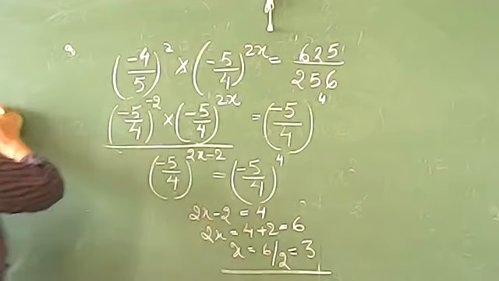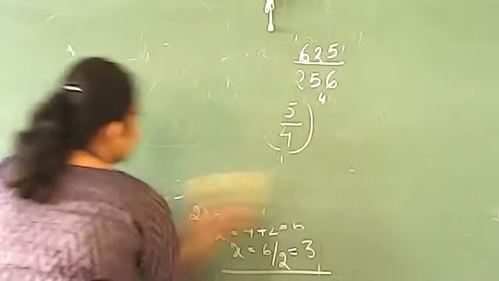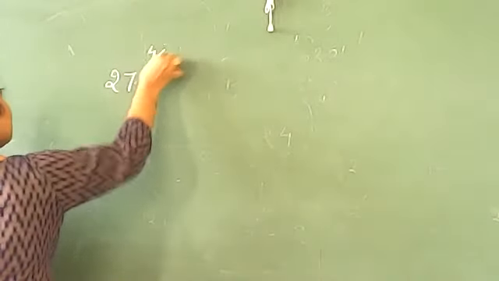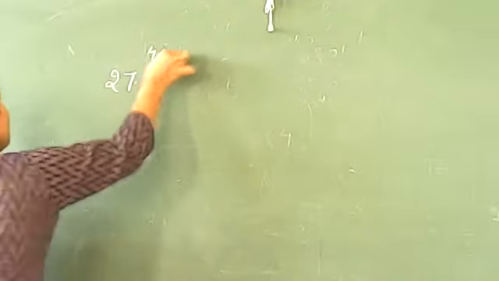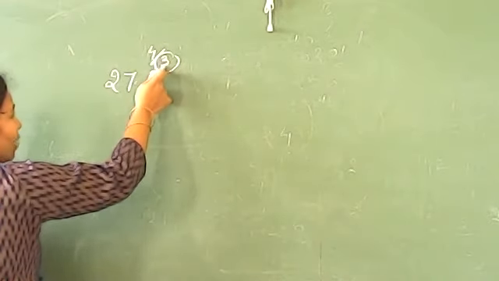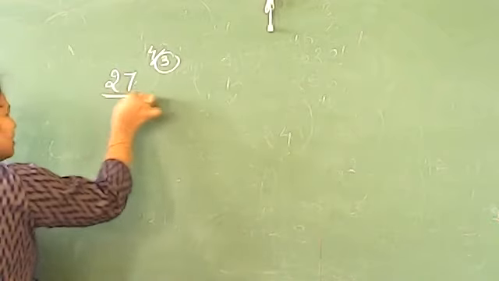Always remember one thing when we solve fractional powers: the base is always related to the denominator of the fraction. Like you are given 27 to the power 4/3. What is the base here? It is 3, the denominator. So this number will break into a power of 3.